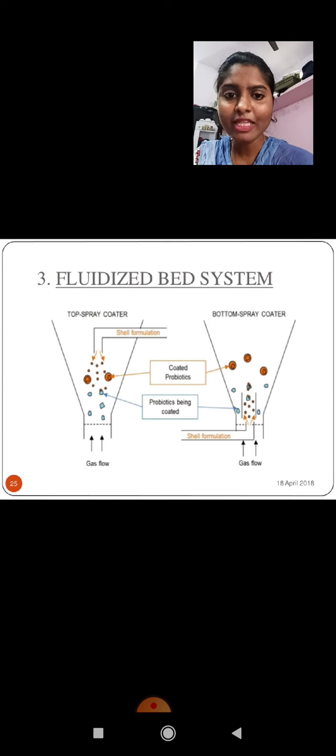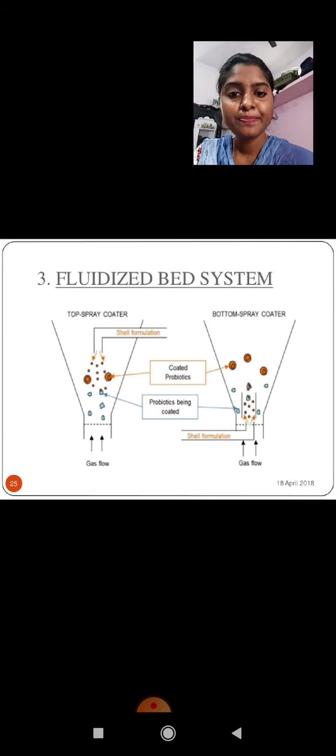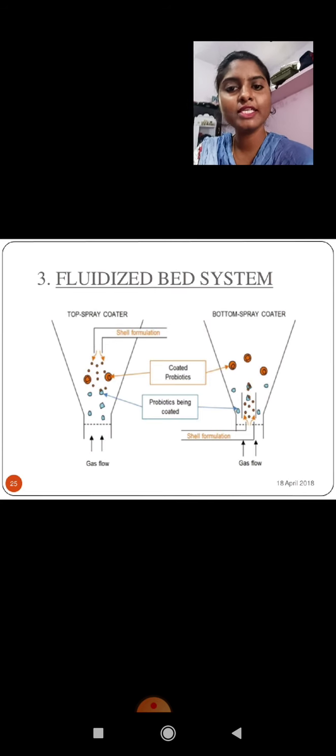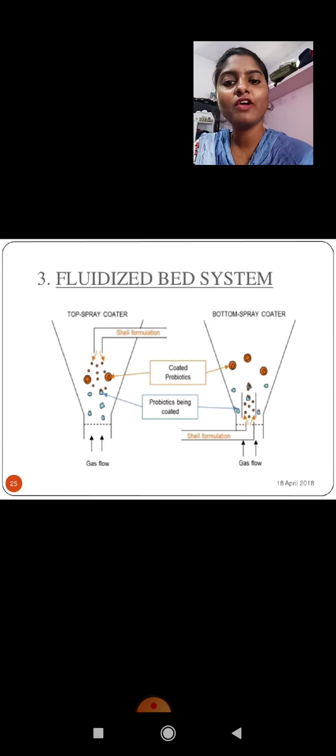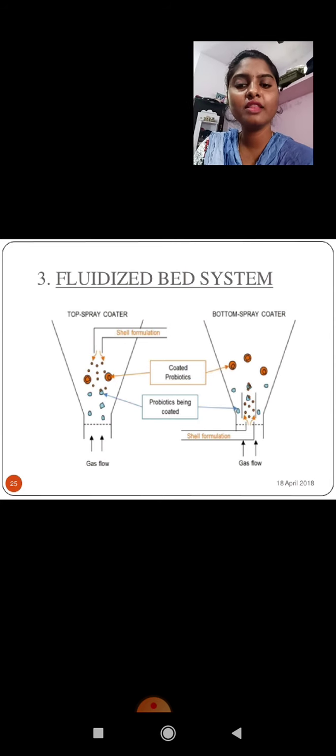Okay, this is the fluidized bed system. In the fluidized bed system, the spray nozzle is present either at the bottom or at the top of the equipment. Here the vacuum is present, and the tablet is present in the air stream. When it goes to the top of the air stream, the coating solution is applied, then the tablets fall down.